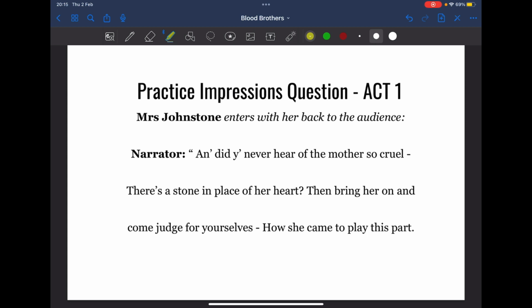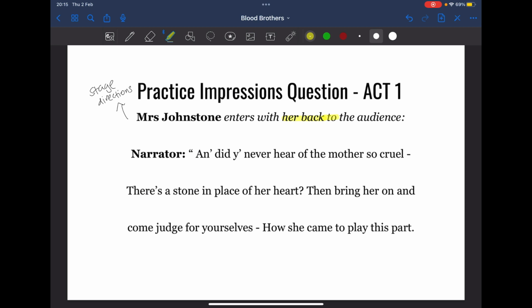So the first thing that it says is Mrs. Johnston enters with her back to the audience. Now, something important to remember is that because this is a play, these are stage directions. They're stage directions, which means that we are actually able to use these in our analysis. We don't just leave them out because they can be important. And in this case, very, very important.